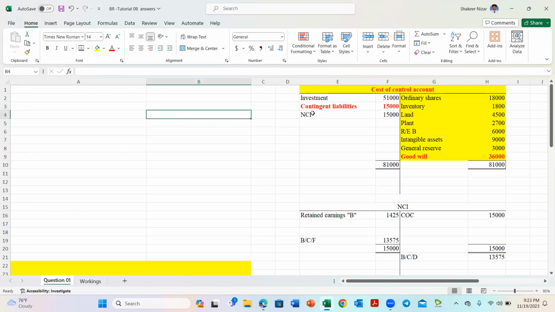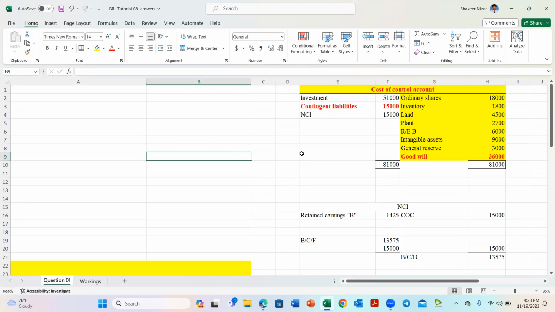Based on this balancing, we have a contingent liability. If a liability arises, it means liability is increasing. It implies that net asset is decreasing because net asset is asset minus liability. Let's assume asset is 100, liability is 25, the net asset is 75. Now after recognition of such liabilities, the asset is 100, and previously we had 25 worth of total liabilities.